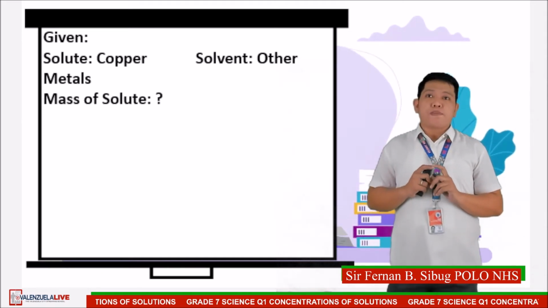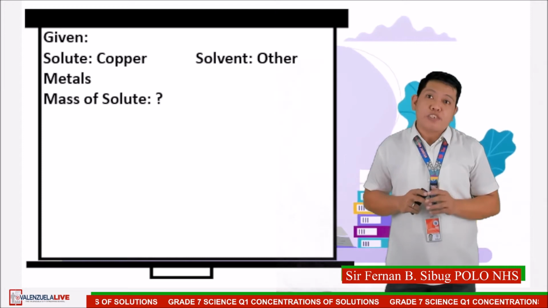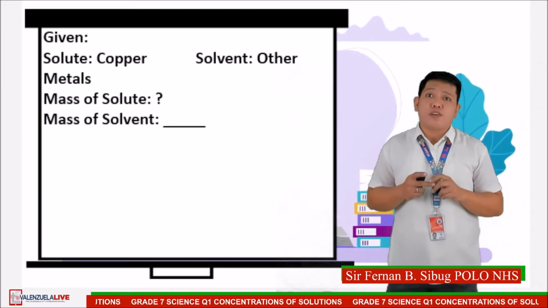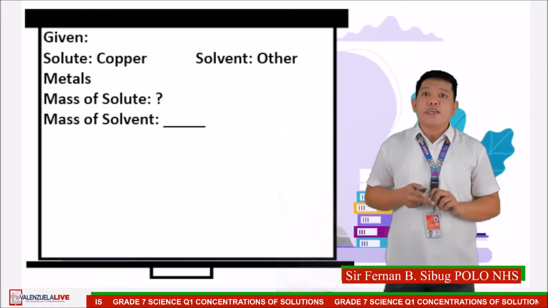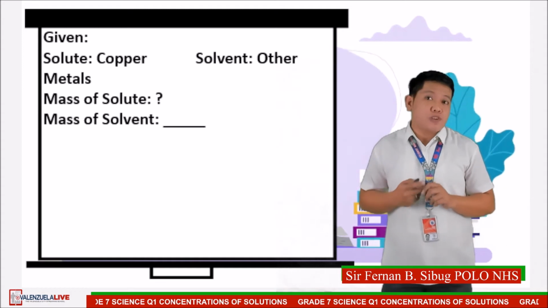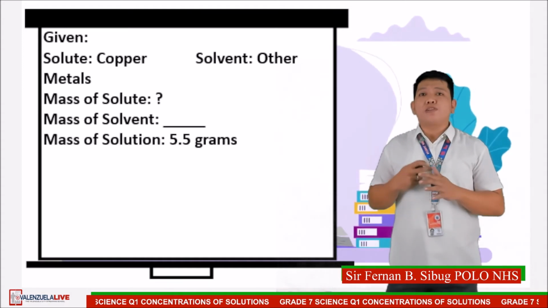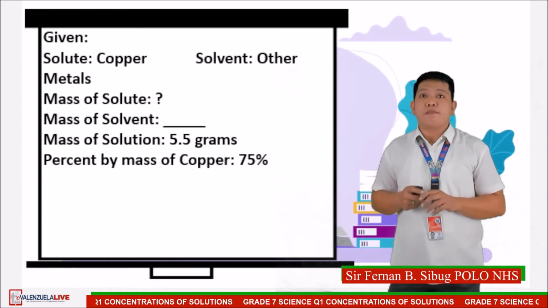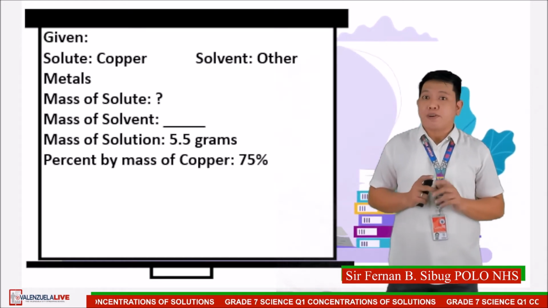The unknown from the problem is the mass of the solute or the mass of the copper. The mass of the solvent, even though that is not being asked, we can calculate as we get the value of the mass of the solute. The mass of the solution is 5.5 grams. And the percent by mass of copper is 75%.